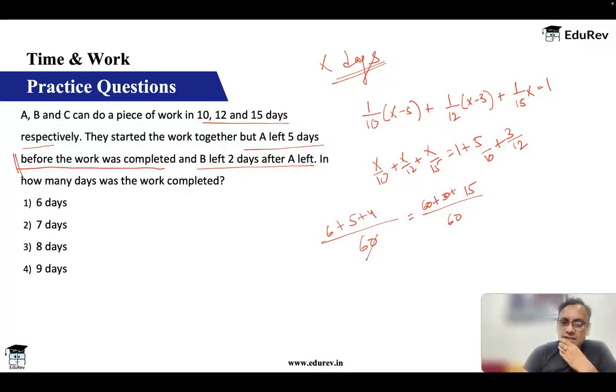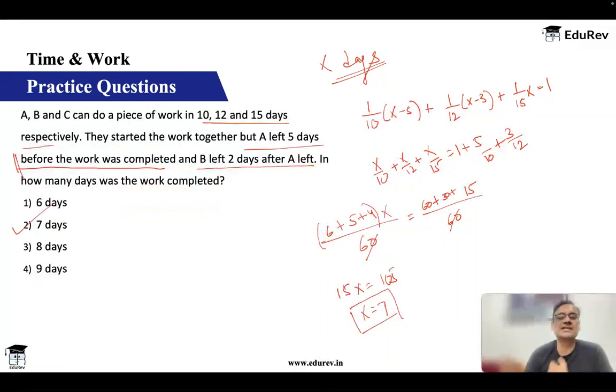Okay, 60 gets cancelled, and of course there's x here. So 15x is equal to 60, 70, 80, 90, 105. That means x is equal to 7. So the work got completed in 7 days.